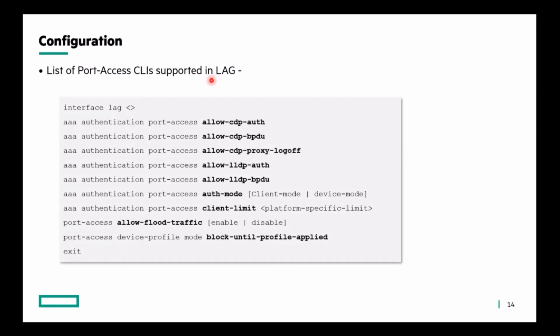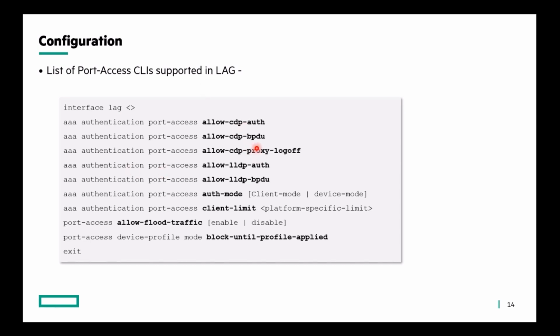So far we have seen the device profile over LAG configurations at the interface level and the global level. Apart from that, we have other security configurations available that are applicable even for the device profile. Those configurations are present from this 10.13 release. Previously, these security configurations were not present.